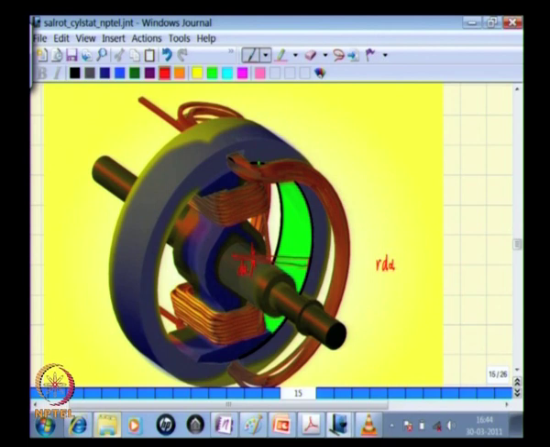We will consider an elemental area around this inner circumference of the machine. That area is taken along the axial length.